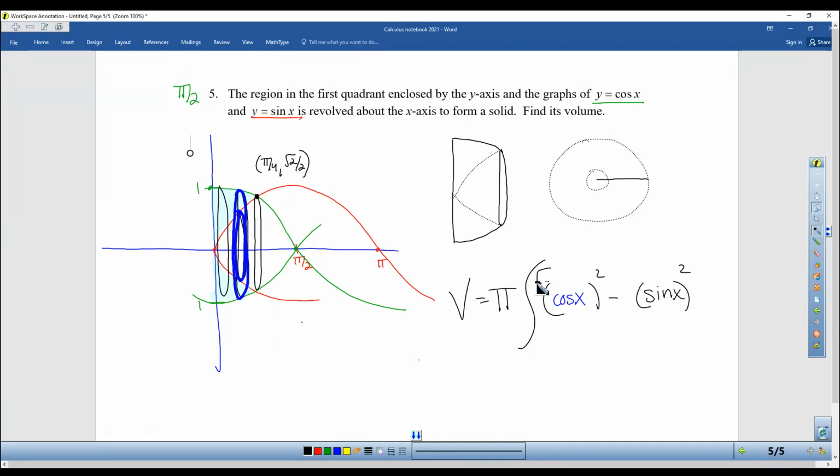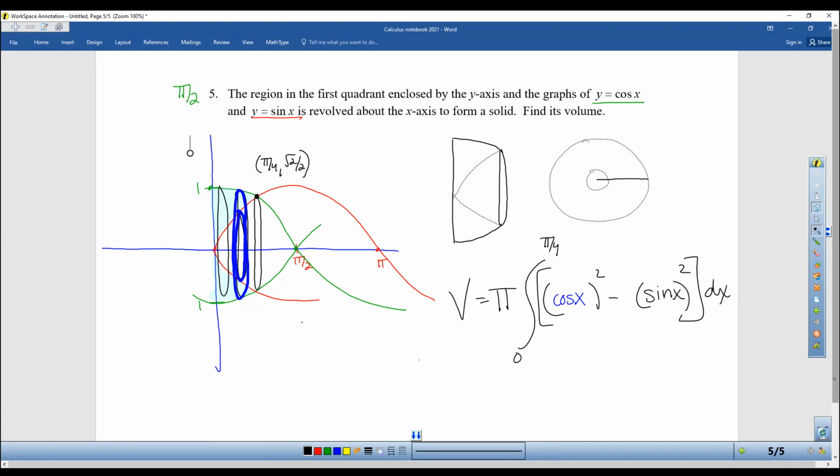So probably by now you've gotten the hang of this. The question is, how do you integrate this? You could do it on your calculator, which is not too terrible. Make sure your calculator's in radians and the point of intersection, your slicer is going to go from 0 all the way up to pi fourths. But what if you had to do it by hand?